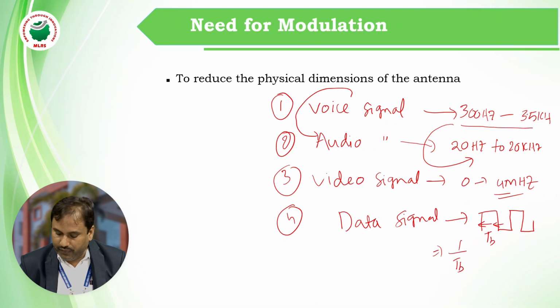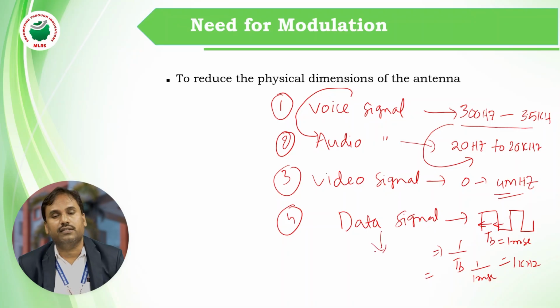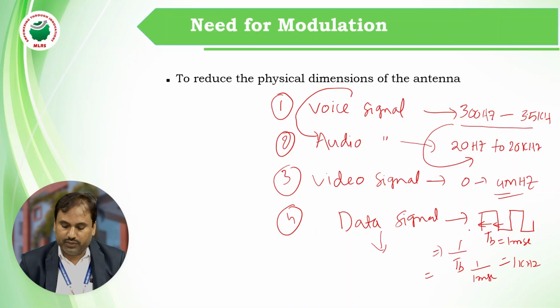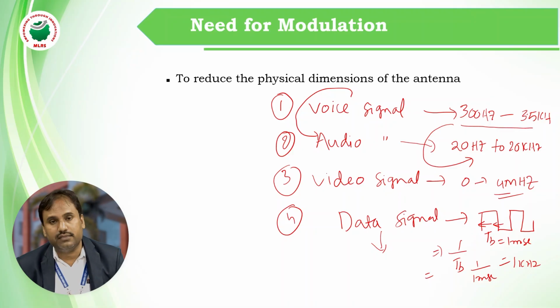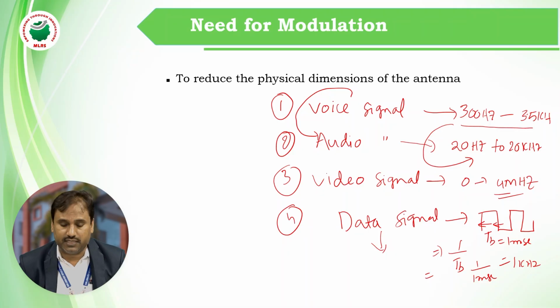So if the bit duration is 1 millisecond, then 1 by 1 millisecond is nothing but 1 kilohertz. So the data signal depends upon the bit duration. These are the different signals we transmit using a communication system.